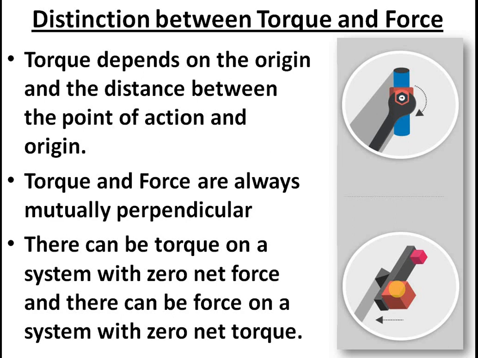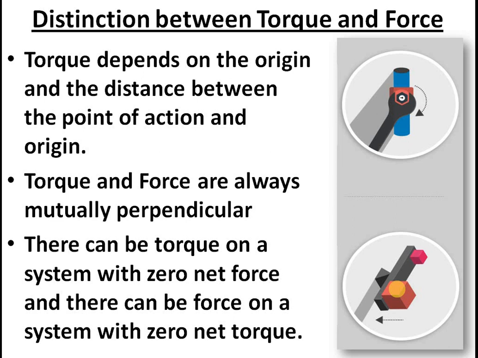There can be torque on a system with zero net force, and there can be force on a system with zero net torque. These kinds of situations we come across in different cases. For example, when a seesaw is in equilibrium, or a ballistic galvanometer is in equilibrium, there is torque acting on it, but still it is in equilibrium and the net force is zero.